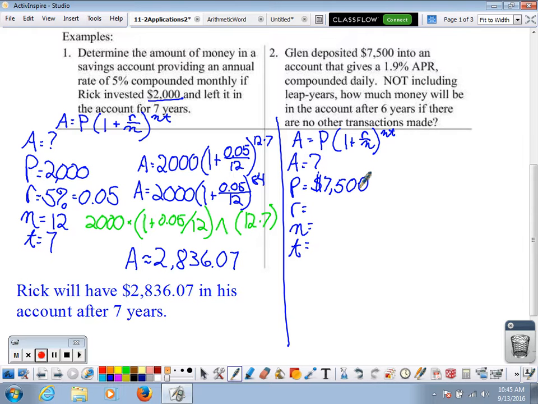Okay, what about the interest rate? 1.9%. But, what's that going to look like as a decimal? 0.019. Good. Okay, N. What did N represent? What did we say N represents?